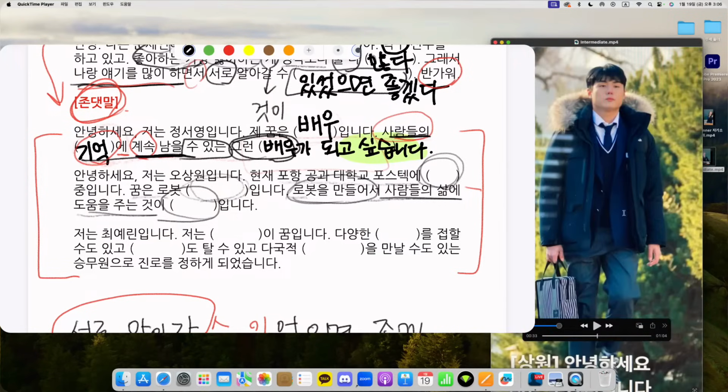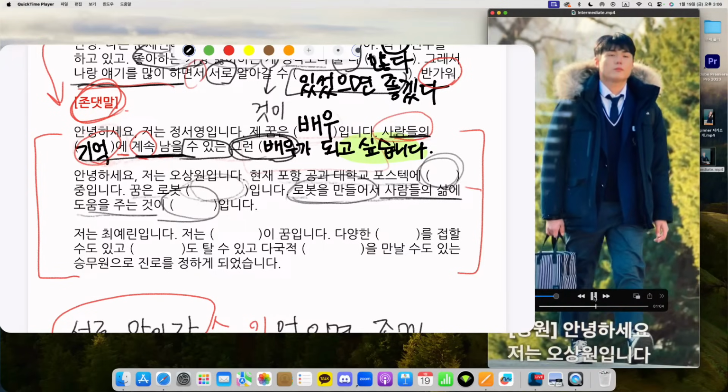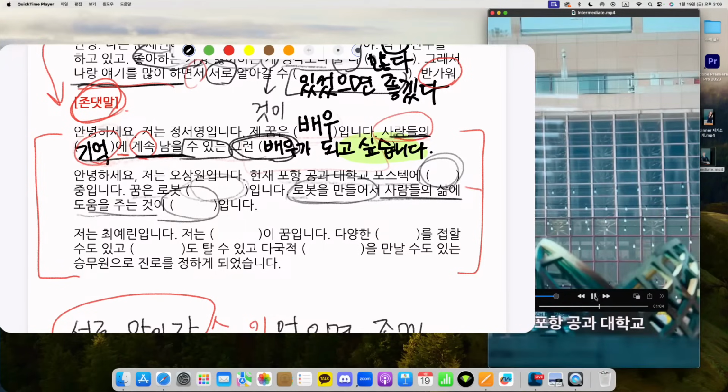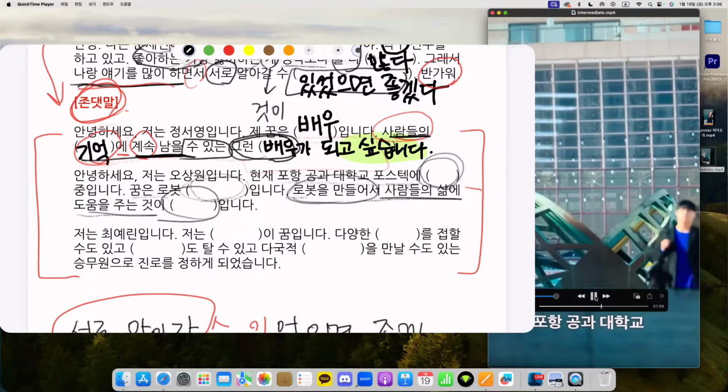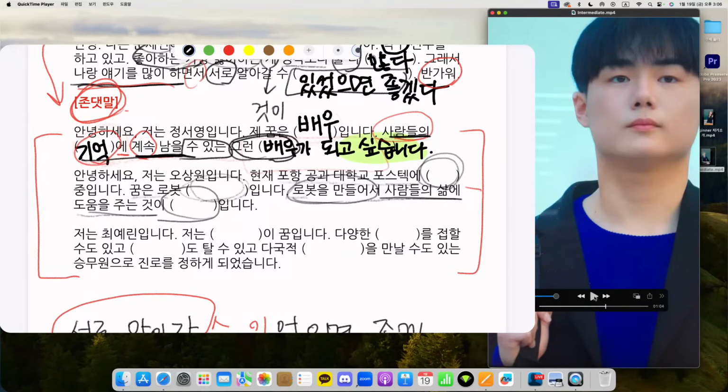일단은 상원이는 지금 대학생이래요. 저는 오상원입니다. 현재 포항공과대학교 포스텍에 재학 중입니다. So 포항공과대학교 is the Korean name of the school, and Postech, P-O-S-T-E-C-H, is its English name.